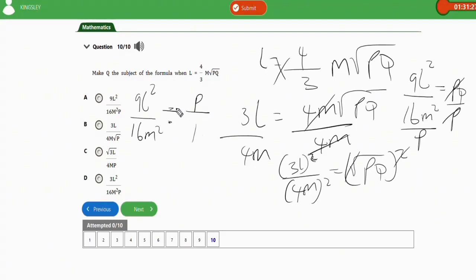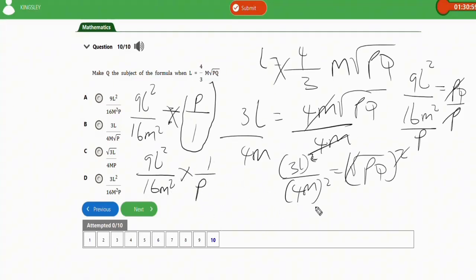So when you change the division to multiplication, you invert what you have here. So it will now be 9L square over 16M square times 1 over P.